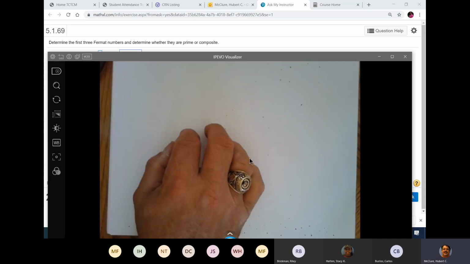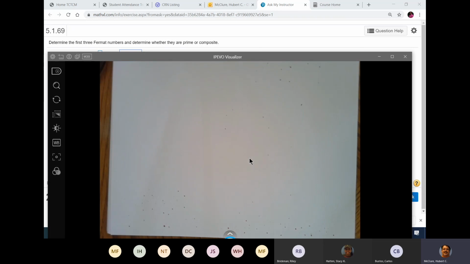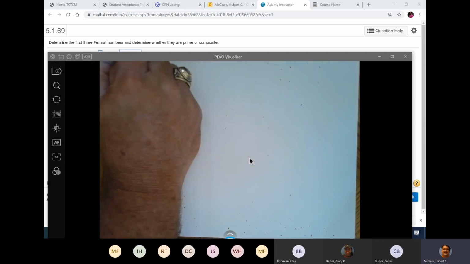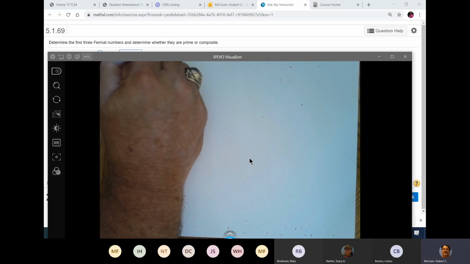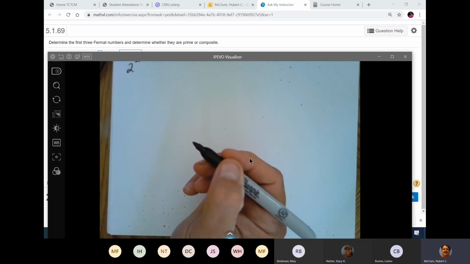Okay, so this is somewhere in the book. It should give you the equation for Fermat's theorem. And Fermat's theorem is basically 2 to the 2 to the n power plus 1.